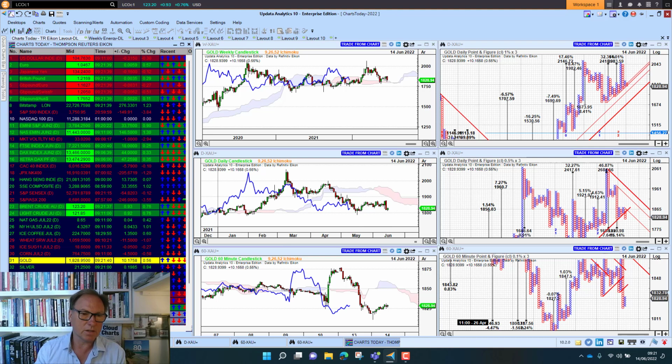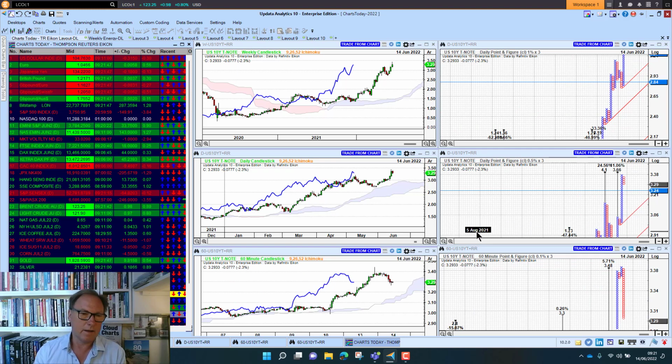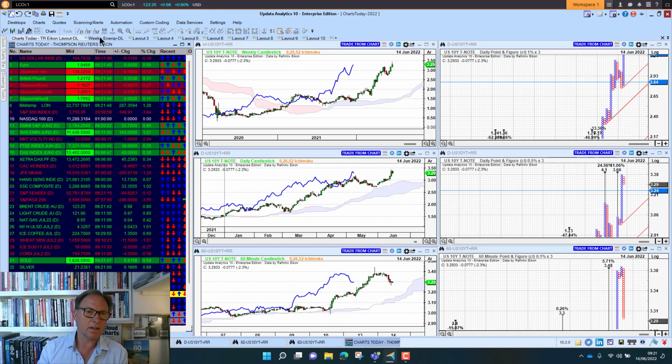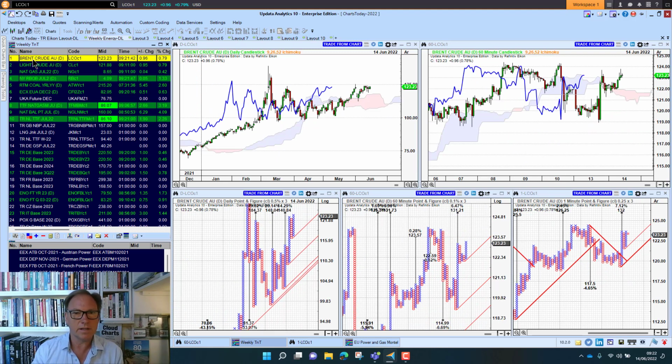US 10-year yield sitting at 3.3%. So activating that upside target of 4.1, and news now that the Fed is likely to raise rates significantly. So that's no big surprises. It's all in the charts, but we're now just watching it play through. Brent crude is up this morning.